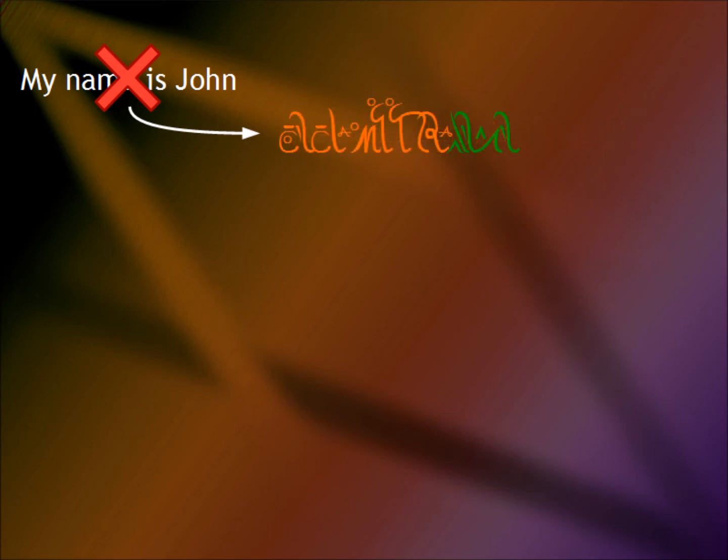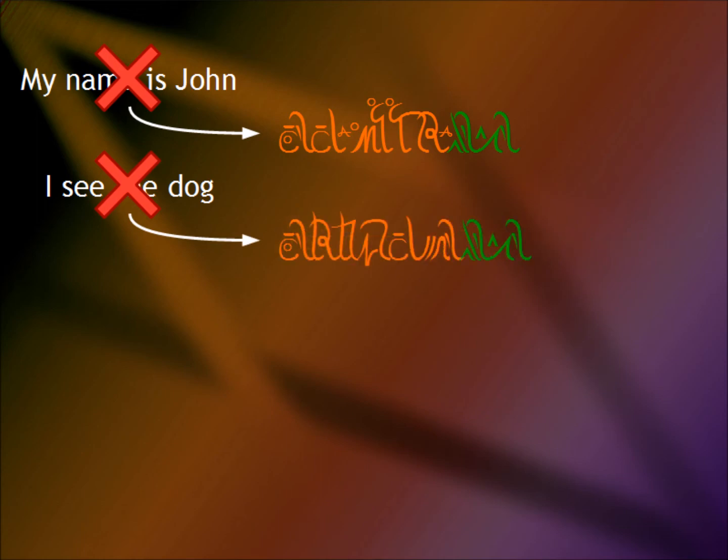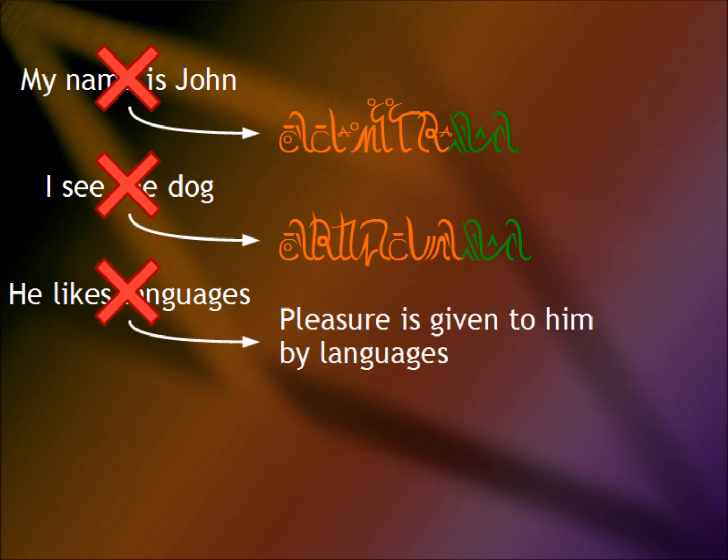Example number 2. Instead of saying, I see the dog, we say, vision of the dog is given to me. Another example. He likes languages. In the Ælis sentence structure, it becomes pleasure is given to him by languages, or simply, languages give him pleasure.